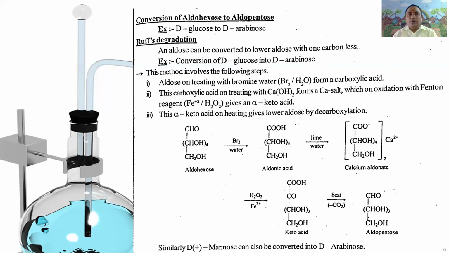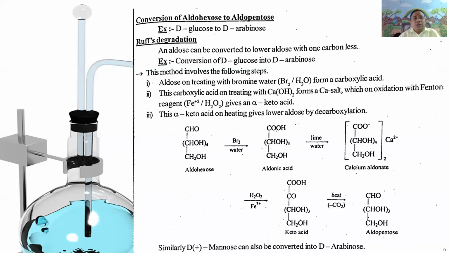In the fourth step, this keto acid upon heating loses carbon dioxide to form arabinose or aldopentose. That is called Ruff degradation.